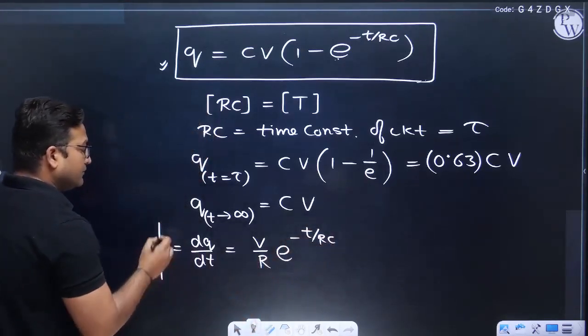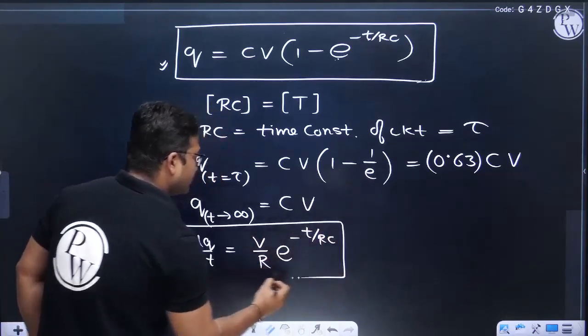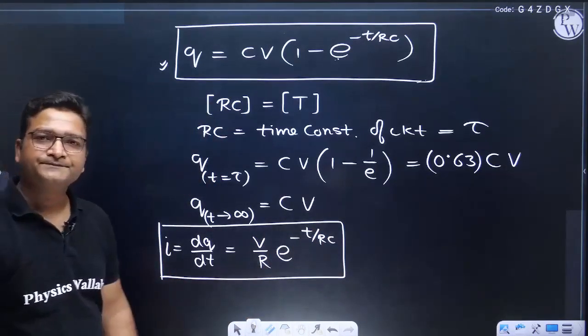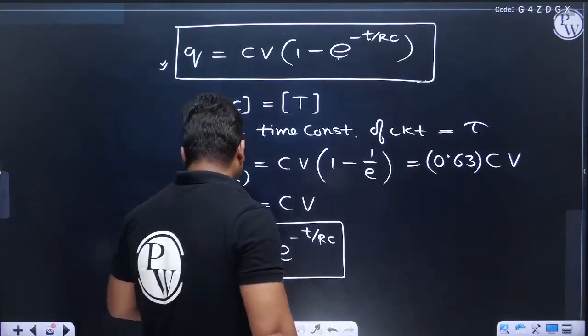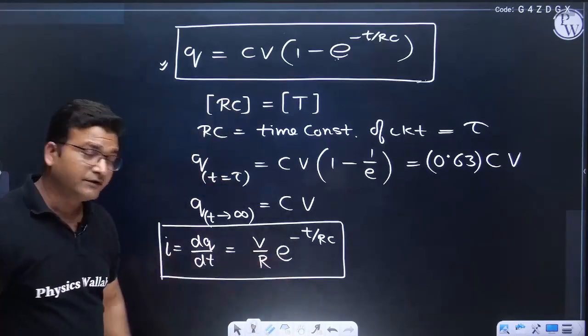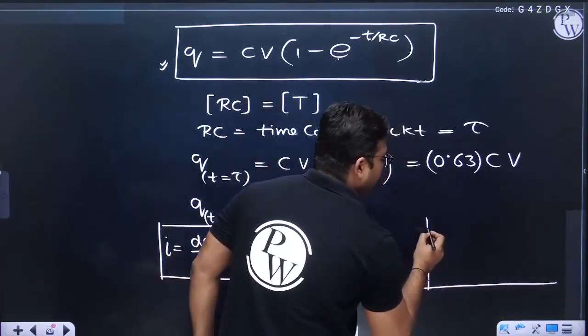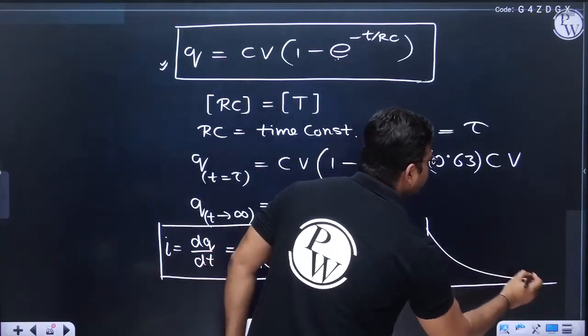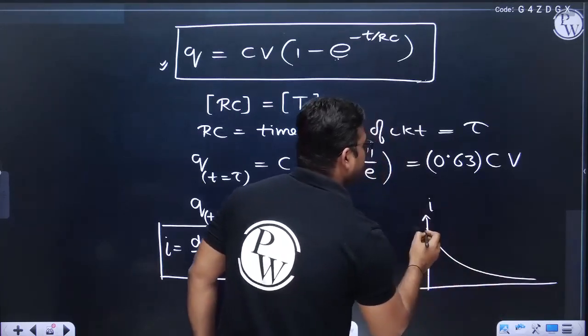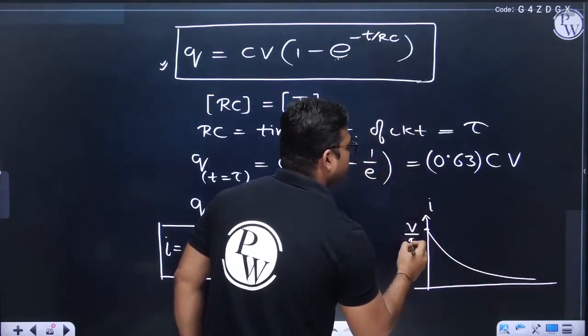So this is the value of current as a function of time in the circuit. As you can see, this function is a decreasing one. So current in the circuit decreases as time increases. Its initial value is V by R.